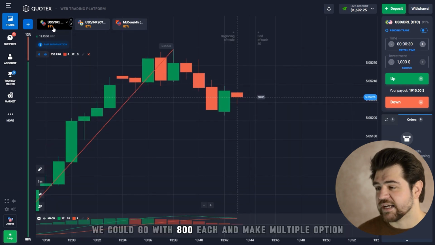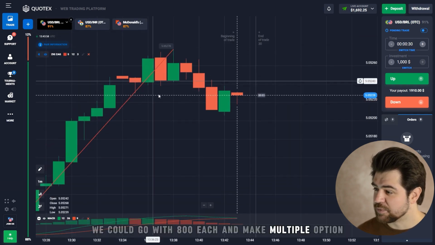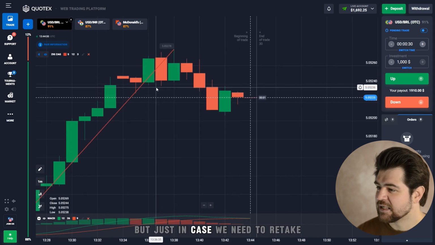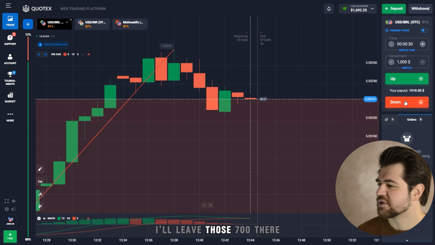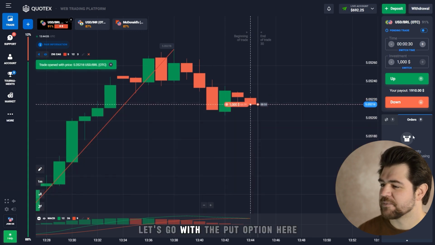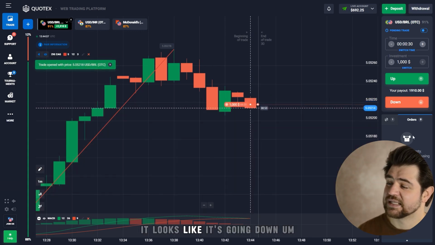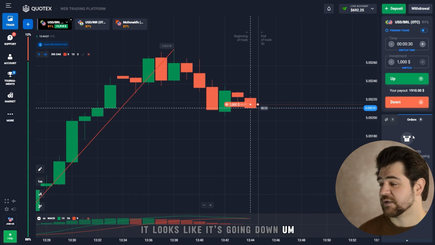We could go with 800 each and make a multiple option, but just in case we need to retake, I'll leave those 700 there. Let's go with the put option here. It looks like it's going down.